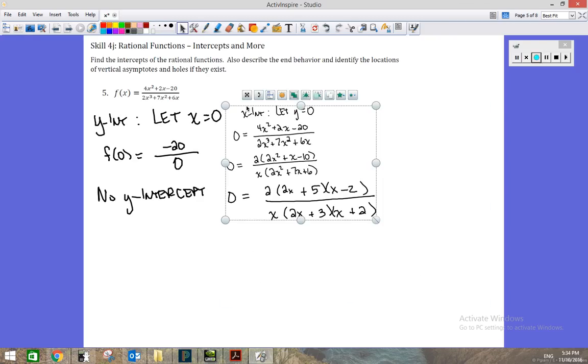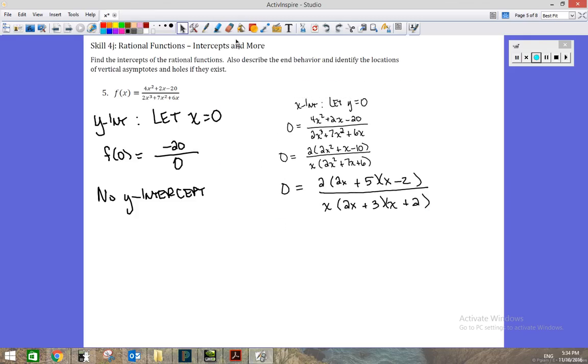If this fraction reduces to 0, it's because of that numerator. So 2 times 2x plus 5 and x minus 2. Multiplying by 2 is never going to produce 0. But if this x were negative 5 halves, the 2's would cancel, and negative 5 plus 5 is 0.